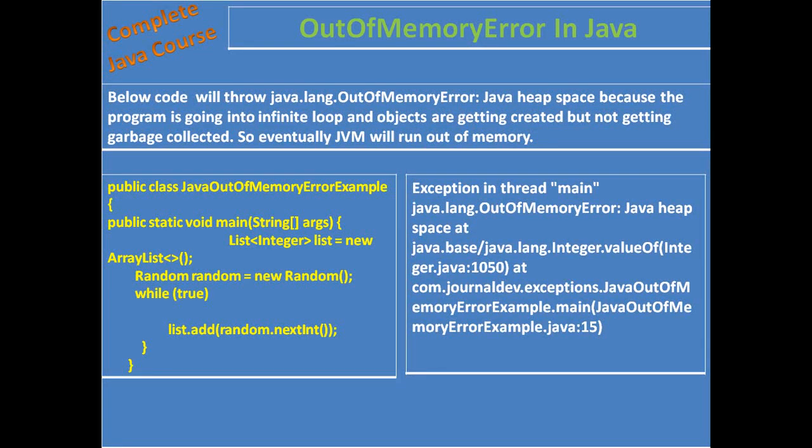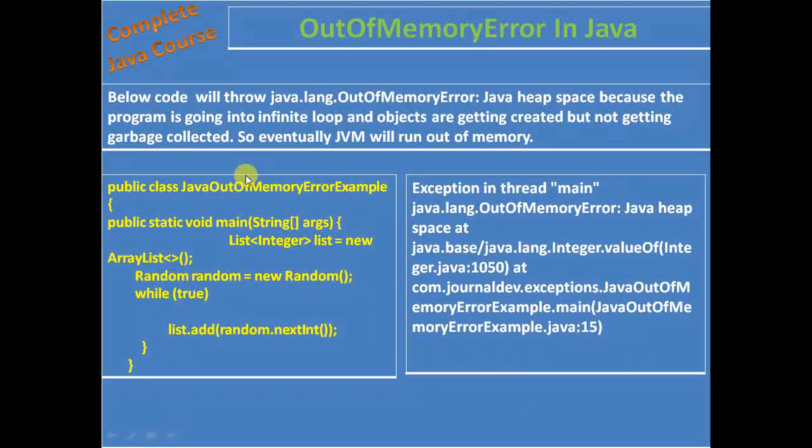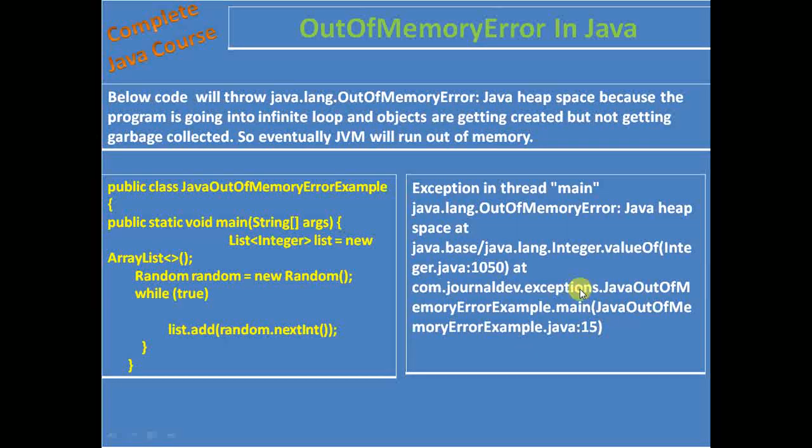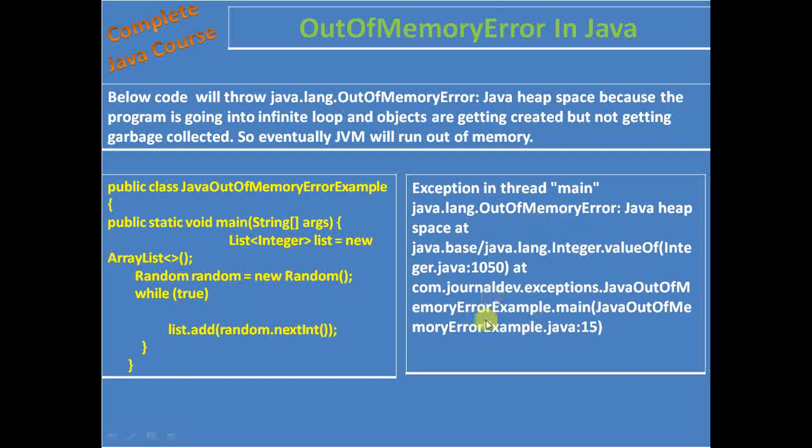So if you run this program, you will get the output: Exception in thread main java.lang.OutOfMemoryError: Java heap space at. Okay, you will get this output. But do you know what happened? From Java 8, the out of memory error does not occur because it is handled in Java 8.